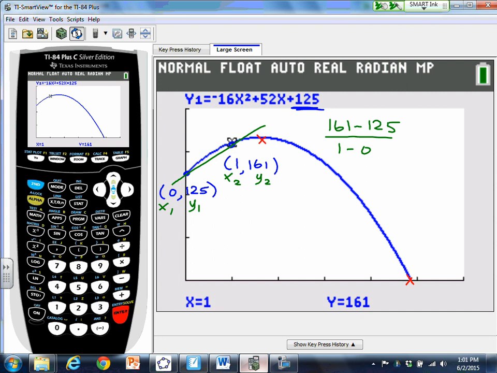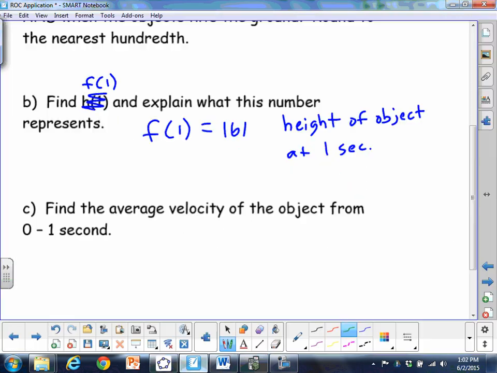If we do that subtraction, we get our answer, the average rate of change from 0 to 1 second. In this case, it looks like 36, and that would be in feet per second, I think, was our units here. So the slope of the secant line turned out to be 36 feet per second.